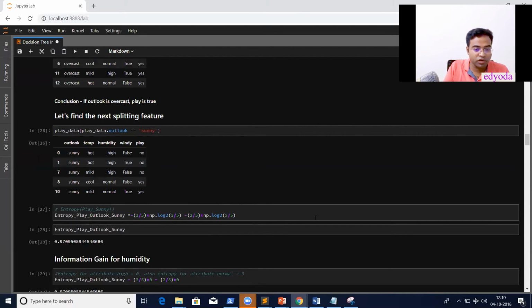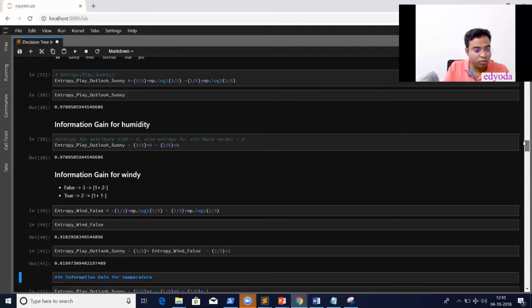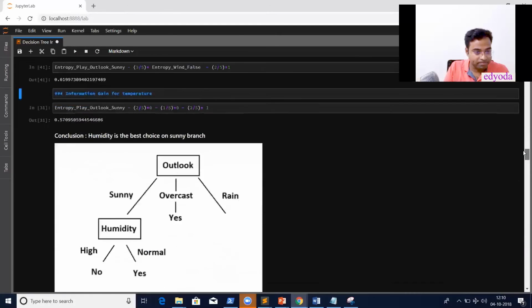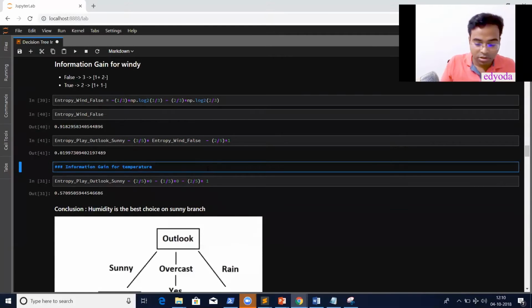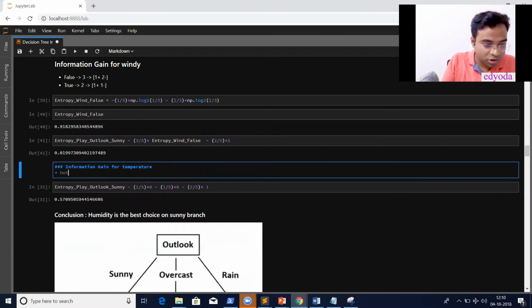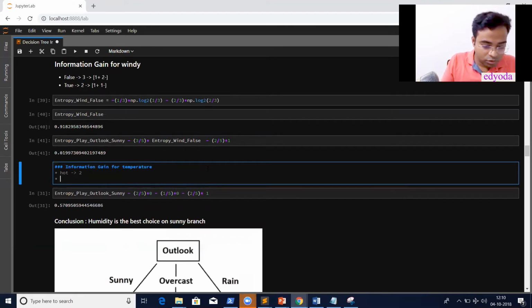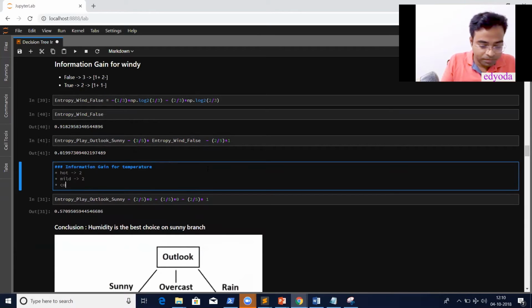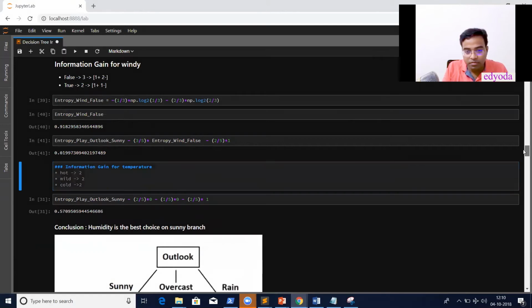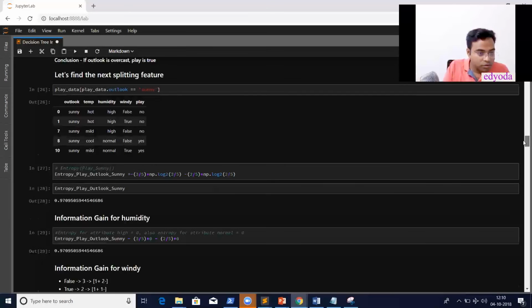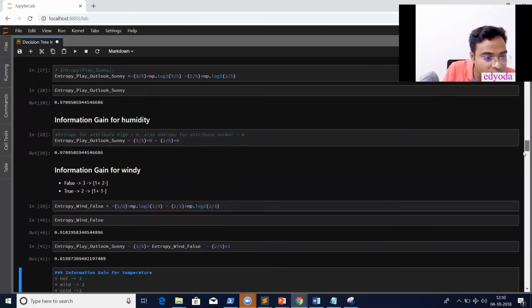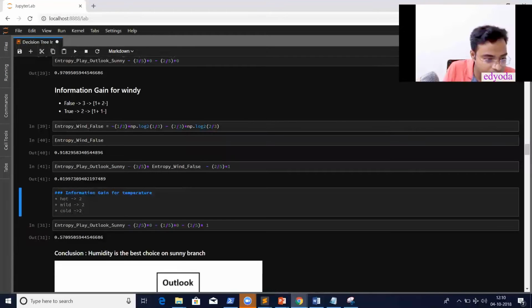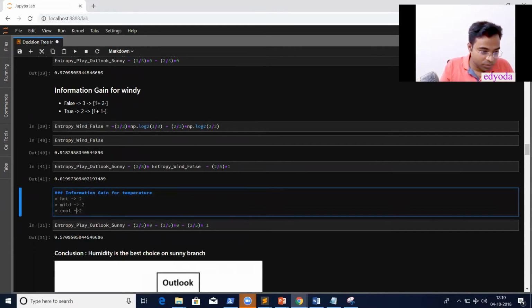So the entropy of the data is... hot 2, mild 2, cool 1, right?